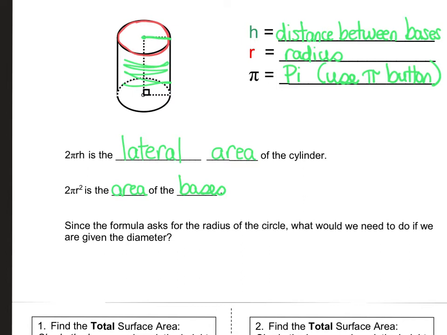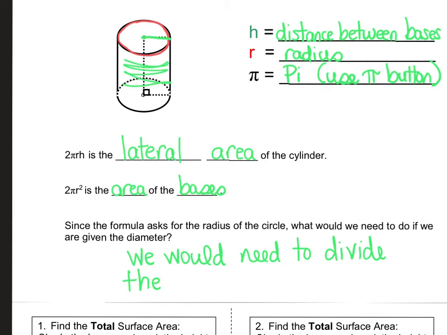Well, remember the diameter is all the way across, so we would divide the diameter by 2 to get our radius.